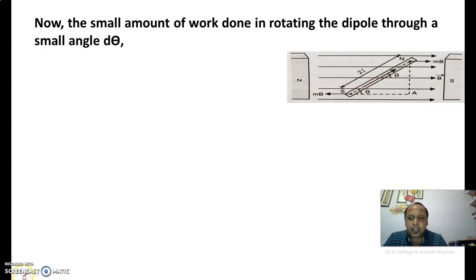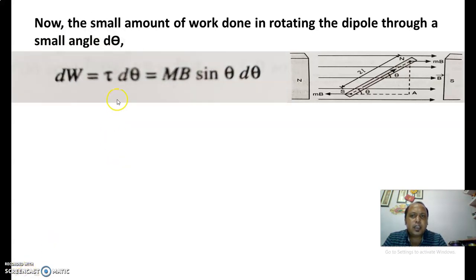So the value of small work done, since in linear motion it is force into displacement, in rotational motion it is torque into angular displacement, tau into d theta, where d theta is the small angle by which the dipole is being rotated. So we can put in the value of torque, that is mB sine theta d theta, where theta is the angle which the dipole makes with the magnetic field.